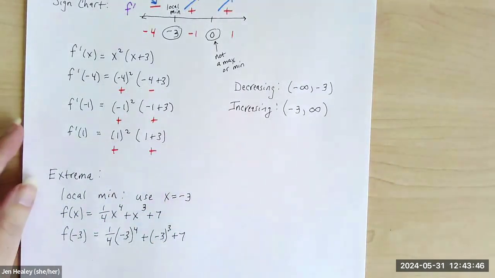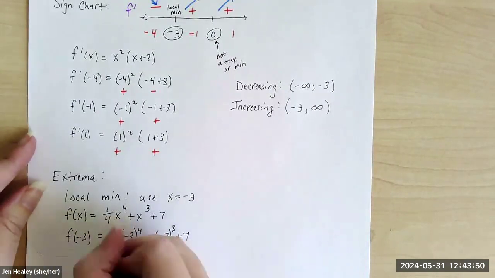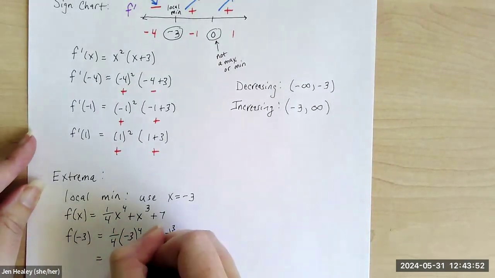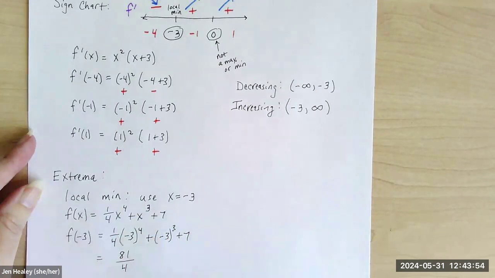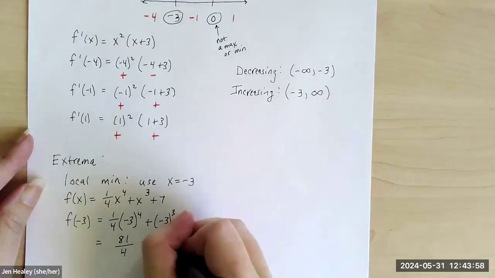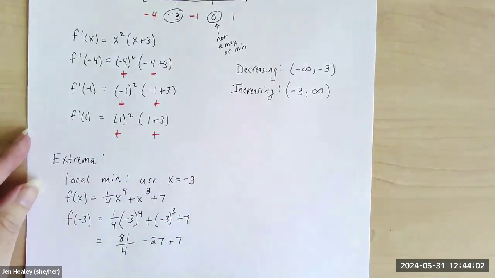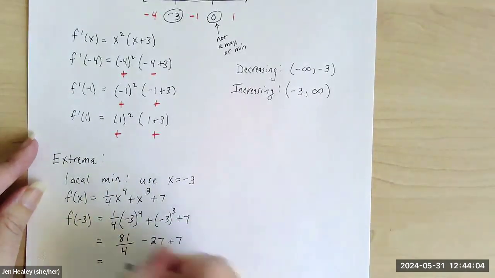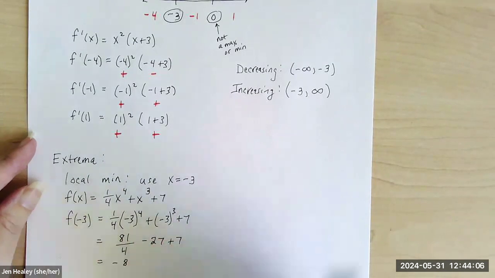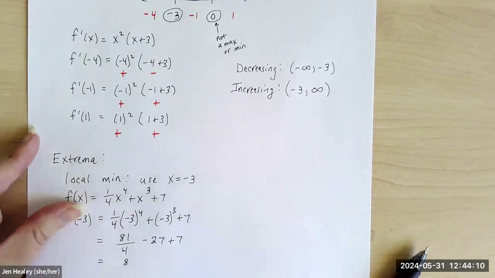And so this is going to be 81/4. This one's going to be -20. Okay, so that's going to be 81/4 minus 7.